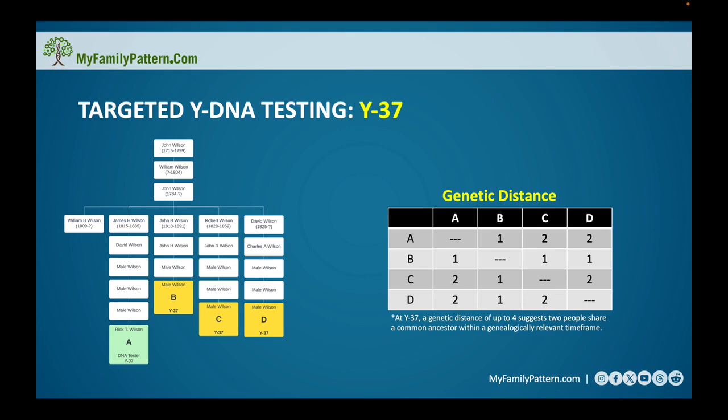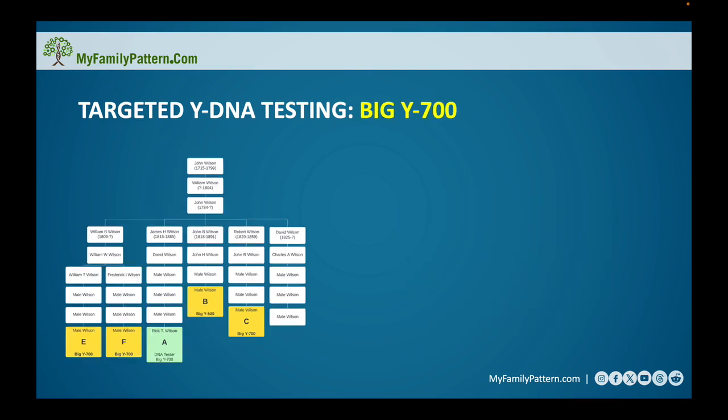This gave me enough confidence to say, well, if they all match at the Y37 level, let me go up and increase this to the Big Y, which is what I did. As you'll see here, I upgraded everybody to the Big Y. I had then subsequently learned that William B. Wilson did have descendants, and I used theirs to upgrade.